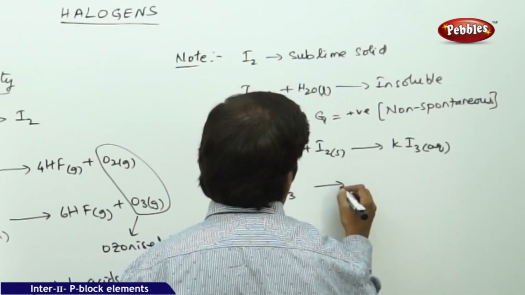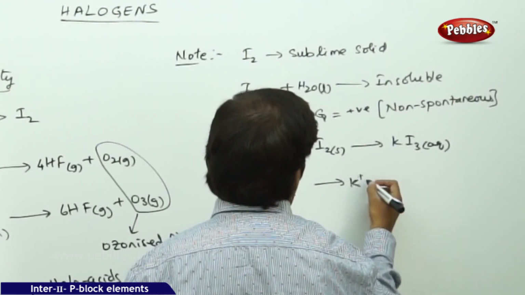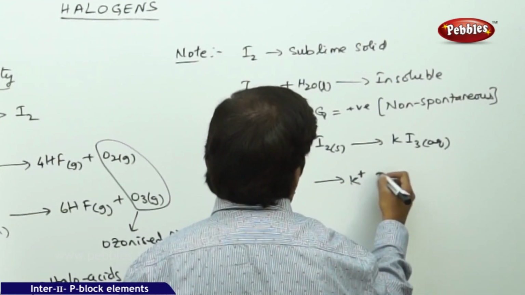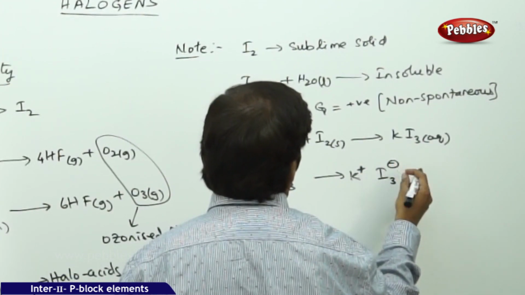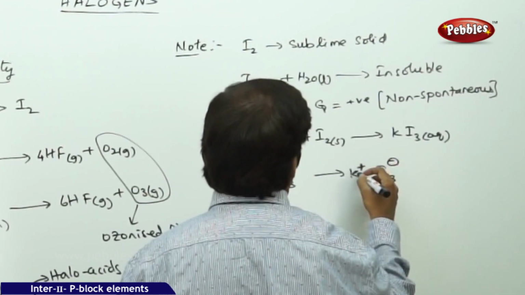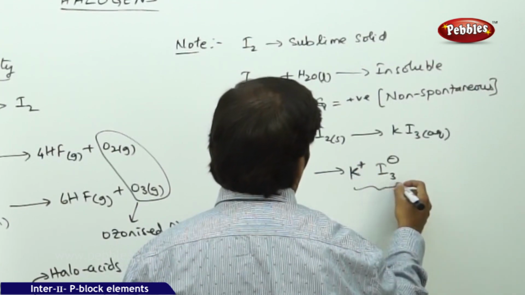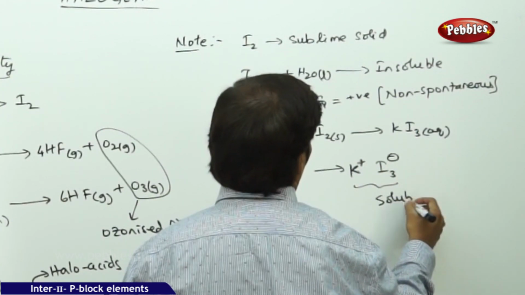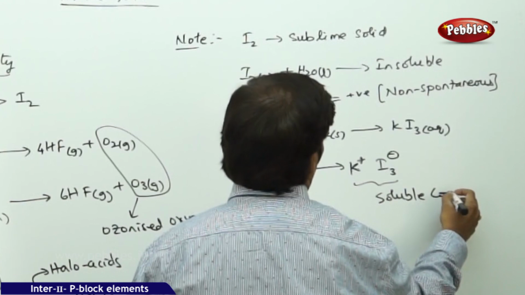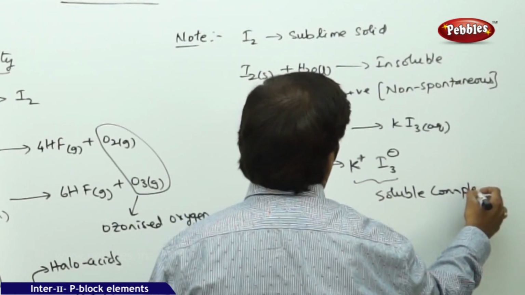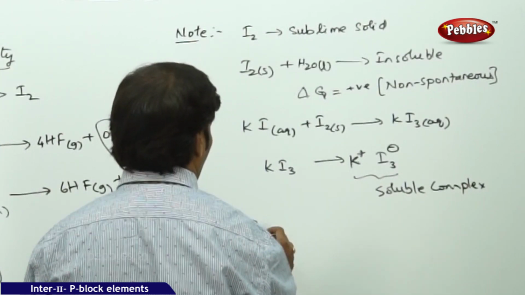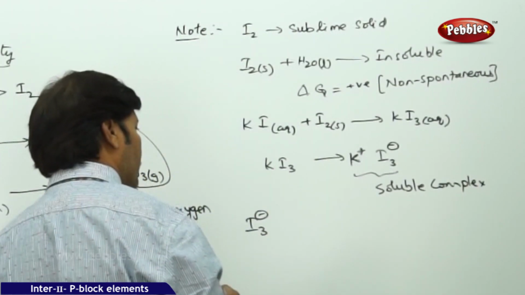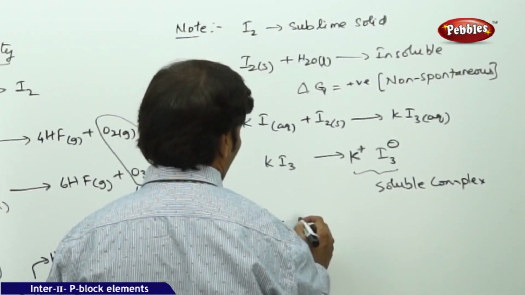This KI3 forms K+ and I3-, which is a soluble complex, and this I3- ion species is the triiodide species.